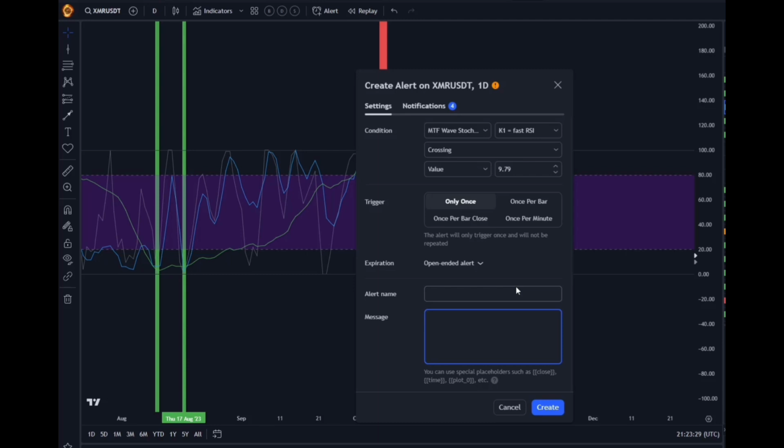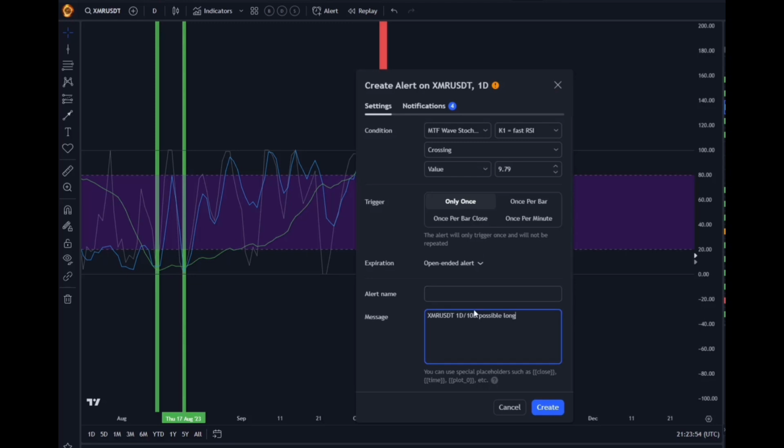So the way I usually do it is I write XMR USDT, 1 day, 10 day, possible long.